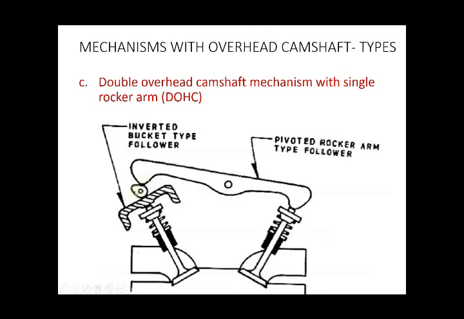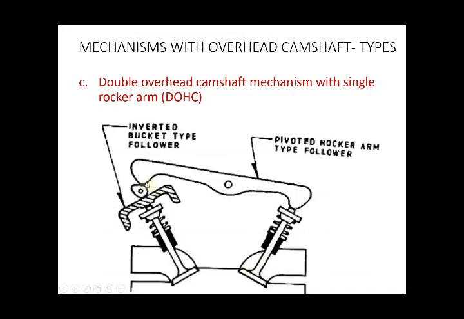Here when the cam lobe comes and touches this end, it will push this portion upwards, and since it is pivoted at this point, this portion will be pushed downwards so that this valve will be opened up.